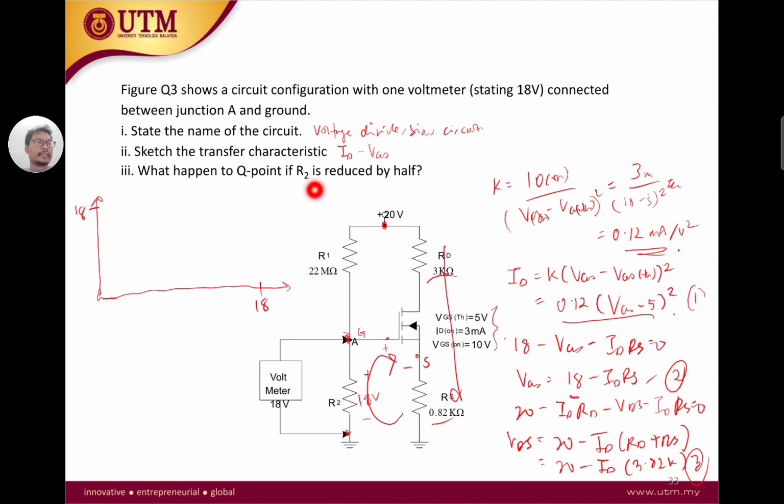18 volts, and then RS is 0.82, and here is actually 20. So I'm getting 22 milliamps, and this is ID. This is VGS, so 18 volts. 18 divided by 0.82 is 22 milliamps, and you just make your load line like so.